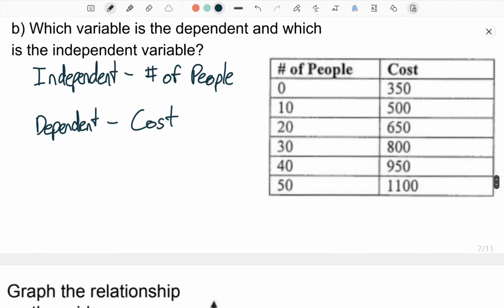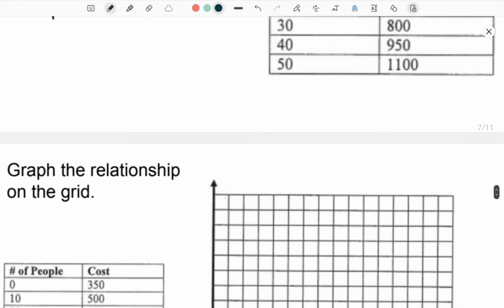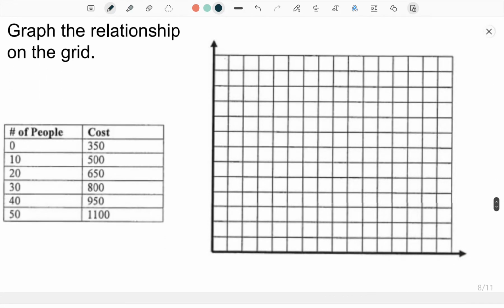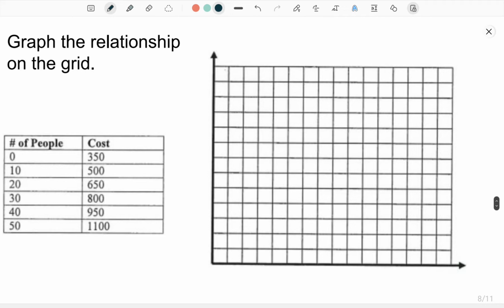Now let's go ahead and actually graph this relationship. To make a real proper graph, let's go through the steps. First of all, we want a title for the graph.